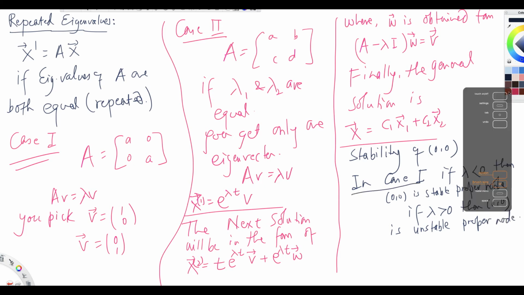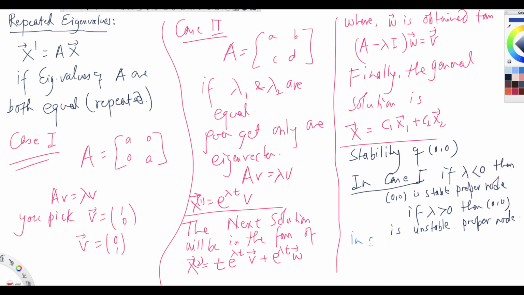Now how about the case double I? In case double I, the A is non-diagonal, right? So if lambda is greater than 0, then (0, 0) is an unstable improper node, okay?